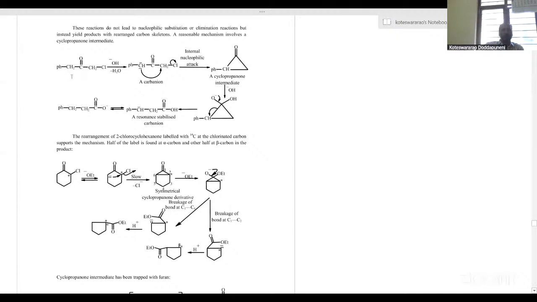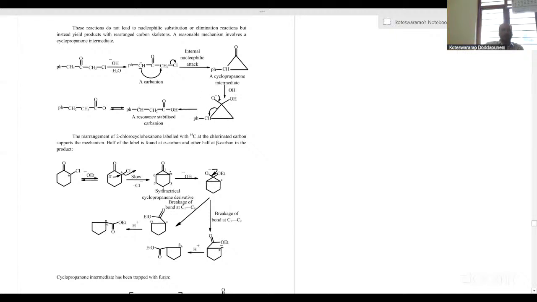A proton is abstracted by the base, which leads to the formation of a carbanion. This carbanion's negative charge is donated to the alpha electron-deficient carbon, with simultaneous removal of chlorine. A three-membered cyclic intermediate is generated. This cyclopropanone intermediate further reacts with hydroxide base, undergoing addition to the carbonyl group C double bond O. Then an O minus intermediate is generated.